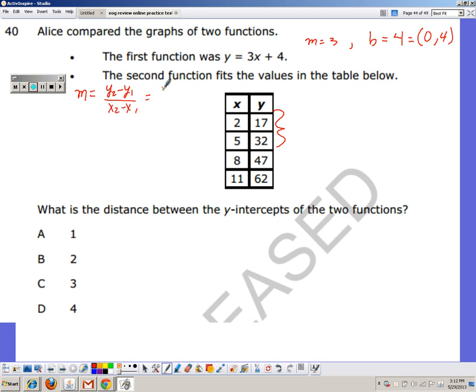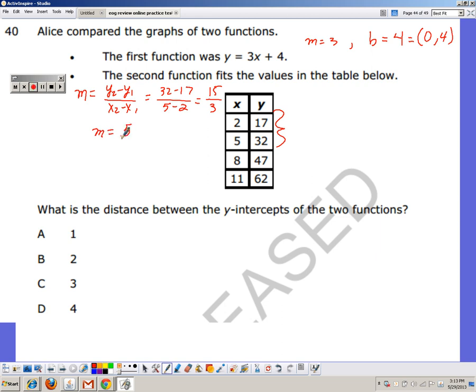So I have 32 minus 17 over 5 minus 2. 32 minus 17 is 15. 5 minus 2 is 3. So your slope is 5.